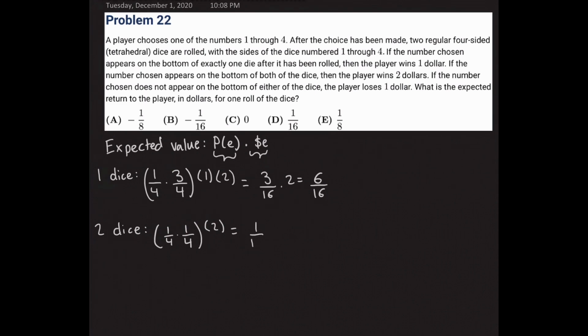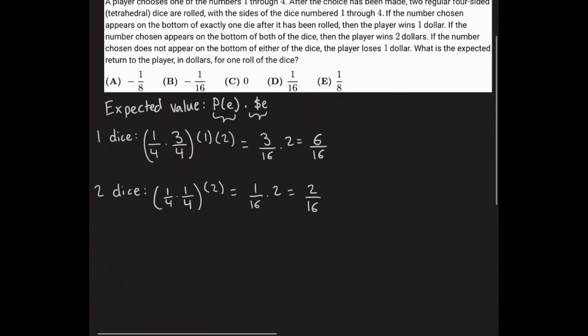So now this is equal to 1 over 16 times 2, which is equal to 2 over 16. And in fact, I should write plus and plus, just so we know we're gaining that much money. So in this one, it's plus 6 over $16, and in this one, it's plus 2 over $16.